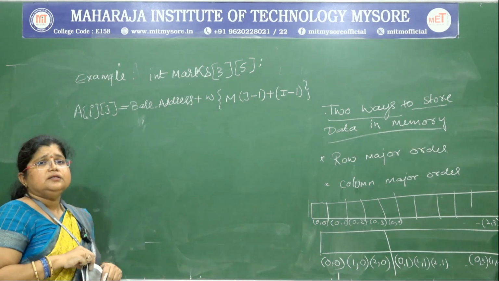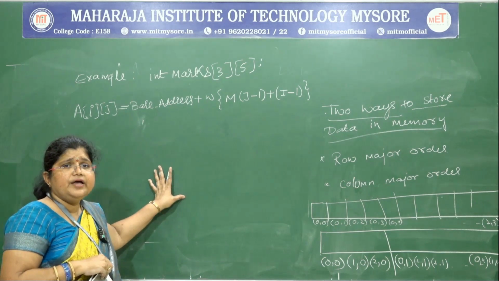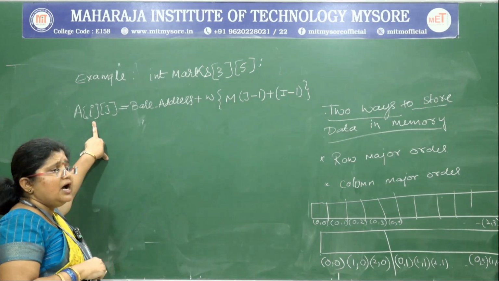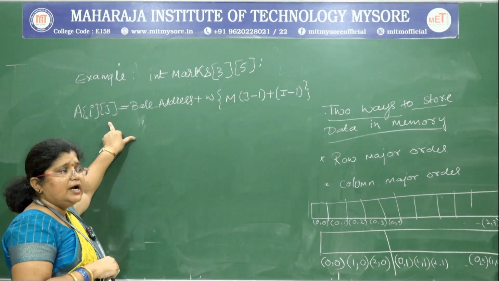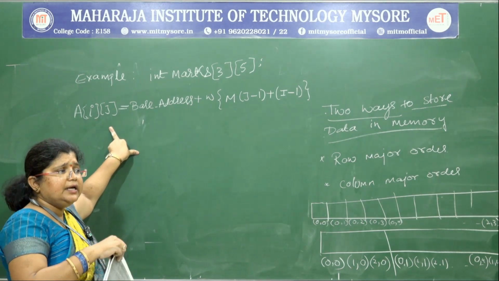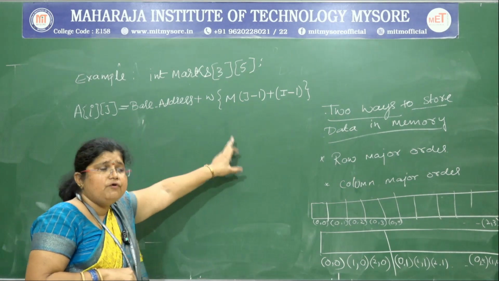This formula is used to represent the address of a column major, the starting address. See here, the ith row, jth column. The address of the ith row, jth column can be calculated in a column major order by using this formula.